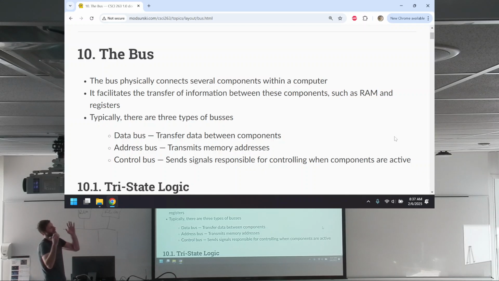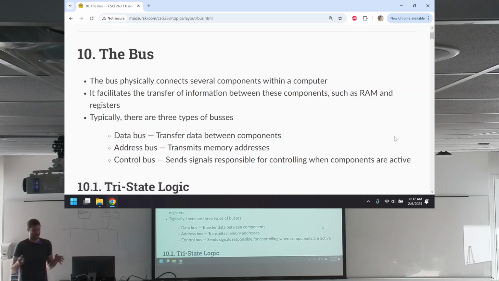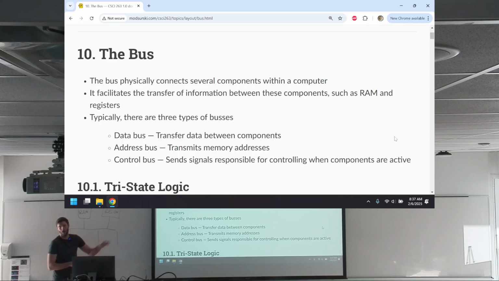We've got a data bus, which transfers data around. We can also have an address bus, which is sometimes a separate bus, sometimes the same physical bus. The address bus transmits memory addresses around the system. And a control bus is a series of signals used to control which components are outputting and inputting. We're going to see a concrete example of this very shortly.